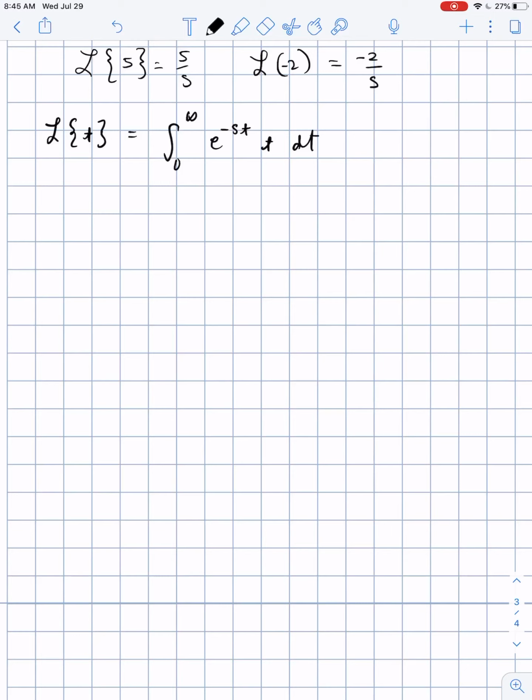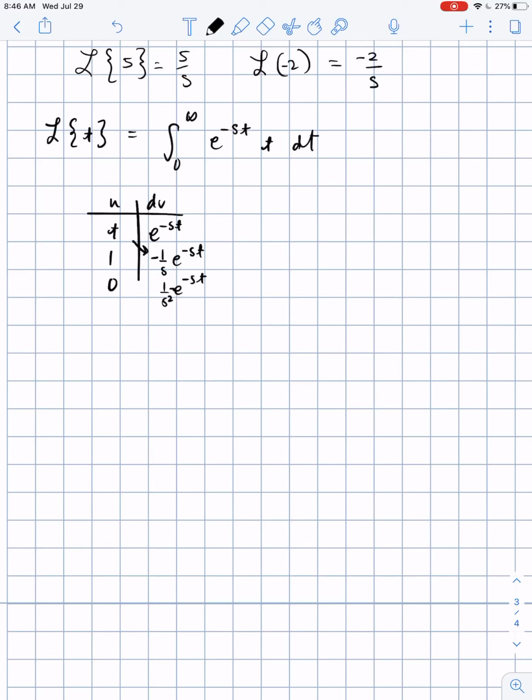So this is integration by parts. Just to show you, here's a little chart for u and dv: t, 1, 0, and over here e to the negative st, then negative 1 over s, e to the negative st, and then 1 over s squared, e to the negative st.